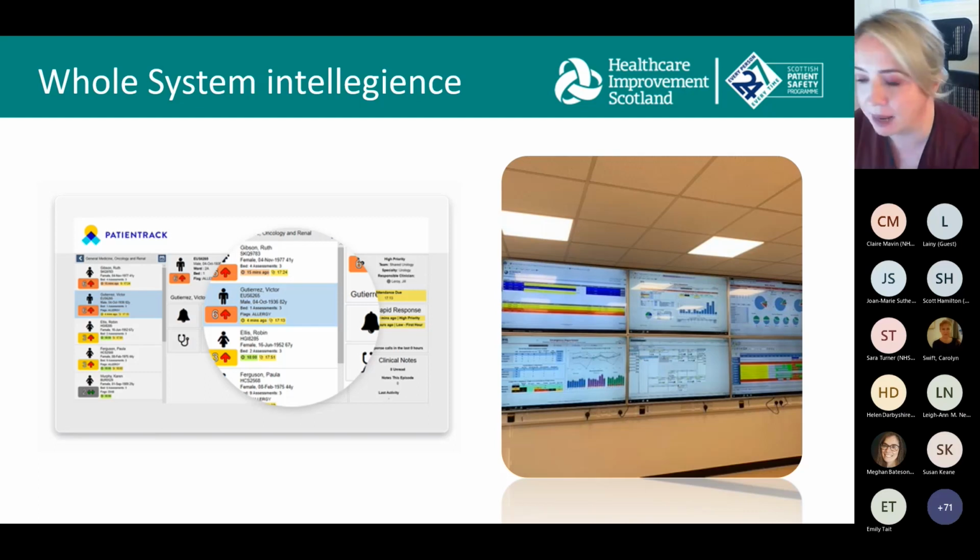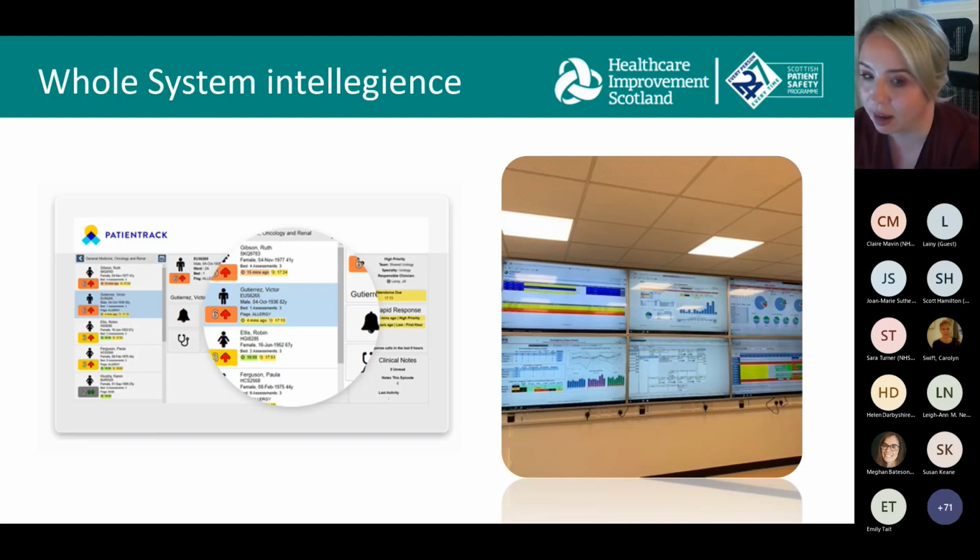So TrakCare, our bed state dashboard, the ambulance arrival screen, Opera's in there as well, the floor plan for ED, but also we've added in Patient Track. So now we can see the clinical measurement piece as well as the operational piece in terms of running the hospital day to day, but also making sure that the plans that we need to put in place for teams to respond to are known by everyone. That's done through rapid conversations through the huddle, and I'll talk about that a wee bit later on.